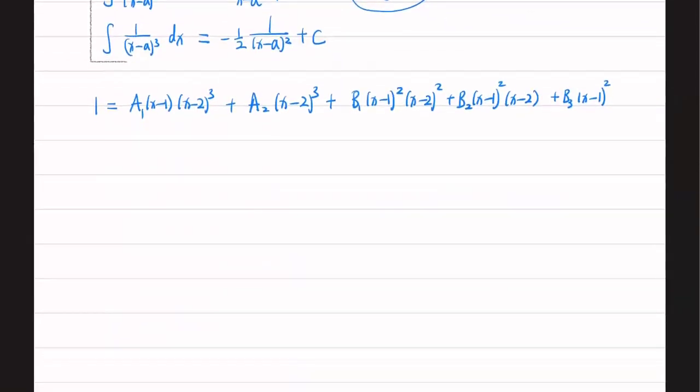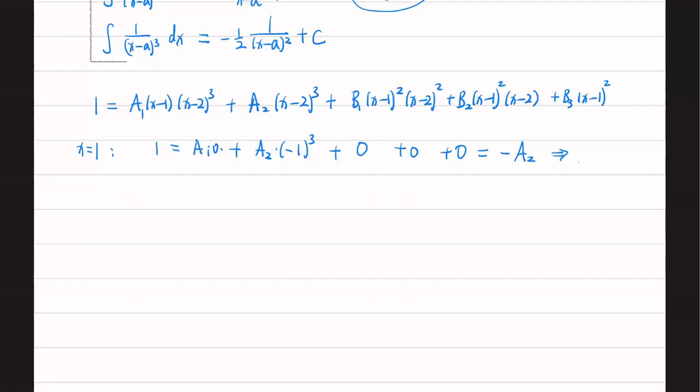Go to x equals 1. So 1 equals A1 times 0, A2 times... that's 1, and the others 0, 0, 0. So checking the value at 1, we get negative A2. So A2 is negative 1.